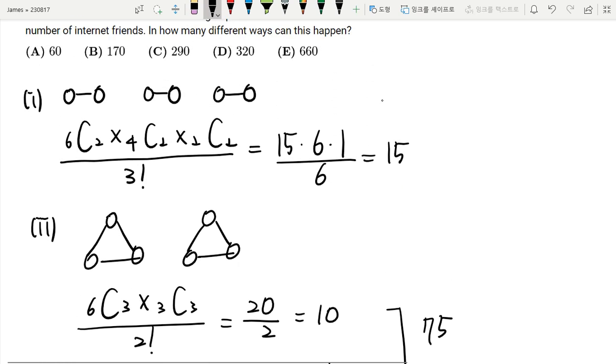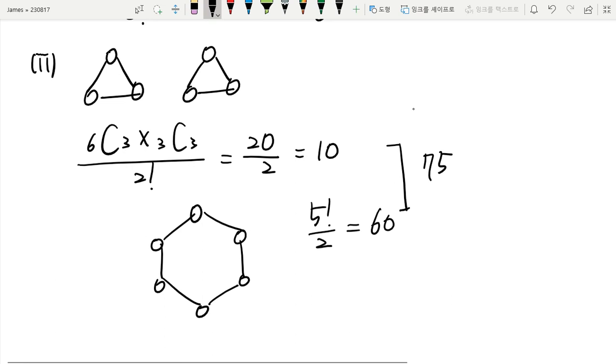And to have 3 friends each, actually having 3 friends is the same as having 2 friends in this case. So instead of making friends with connected people, we can make friends with unconnected people, because in this case 2 people are connected.